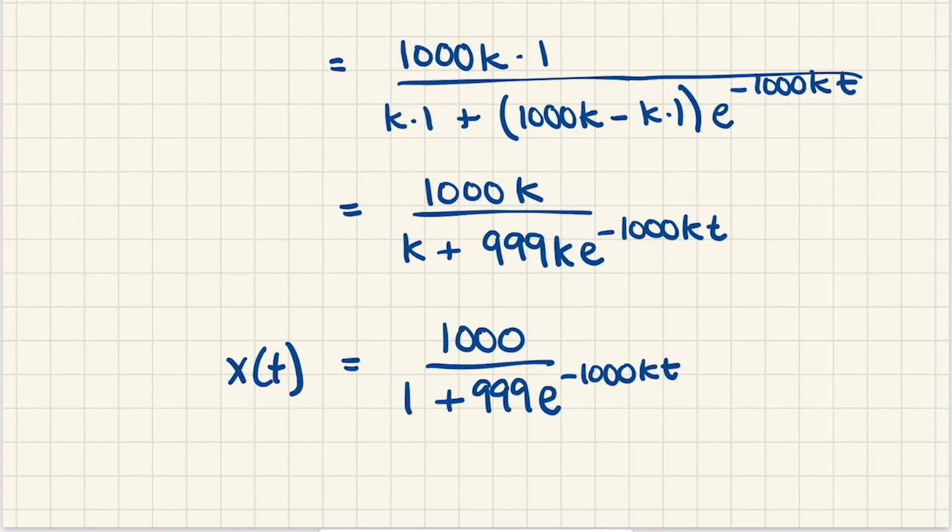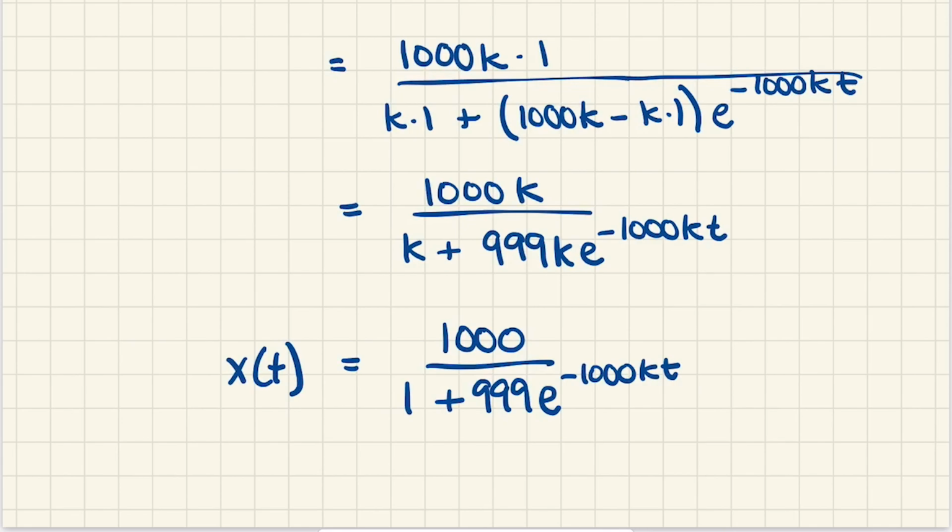Because when t is equal to 0, then we just have e to the 0, which is 1. So we got 1,000 over 1 plus 999. So that's the whole thing equals 1. And also convince yourself that this term is transient. So when t increases to a very large number or approaches infinity, then x approaches 1,000.